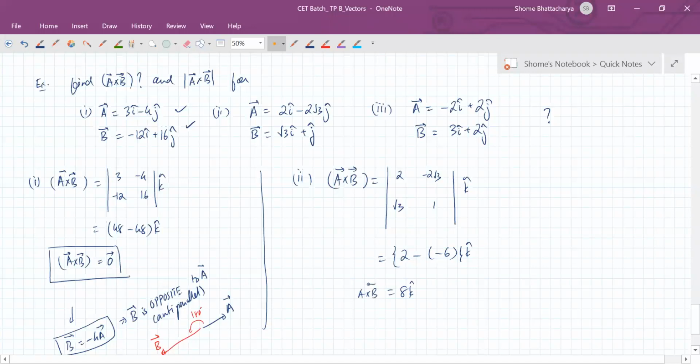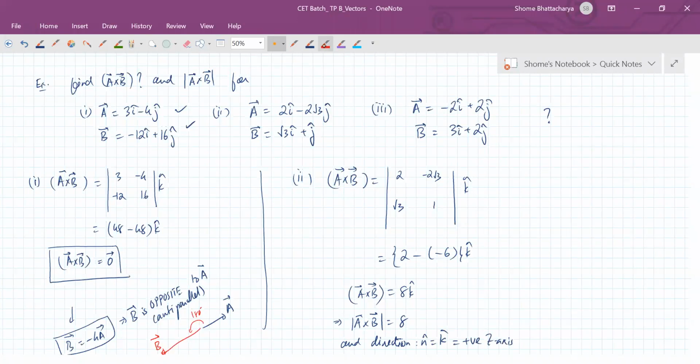So A cross B is this. So that means magnitude of A cross B is 8 and direction n cap is equal to k cap. That means positive z axis. That is the direction. Now let's come to the third and final one.